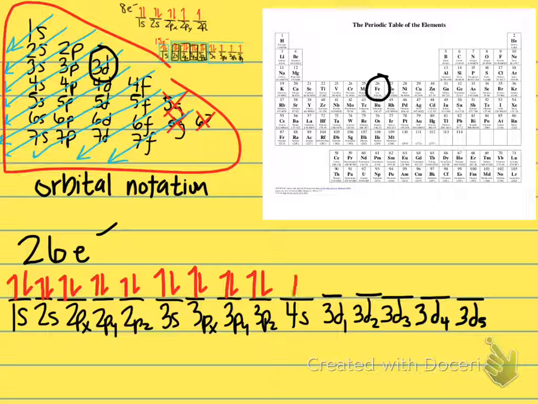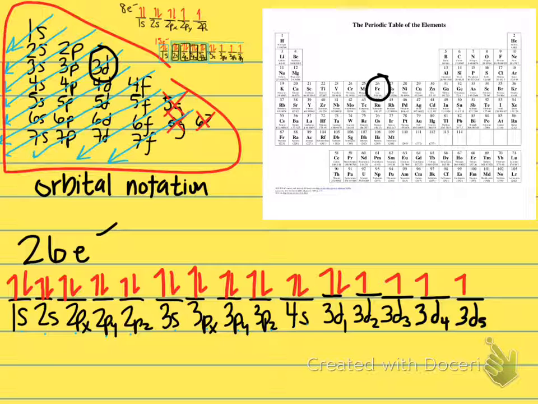Now we have another 4S. 1, 2. And I always have to stop and count how many I've got. 2, 4, 6, 8, 10, 12, 14, 16, 18, 20. So I have 6 to go. 1, 2, 3, 4, 5, 6. You should have something that looks like that.